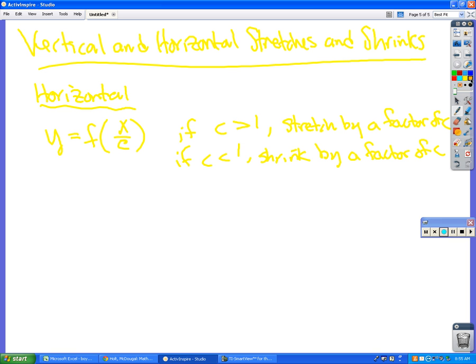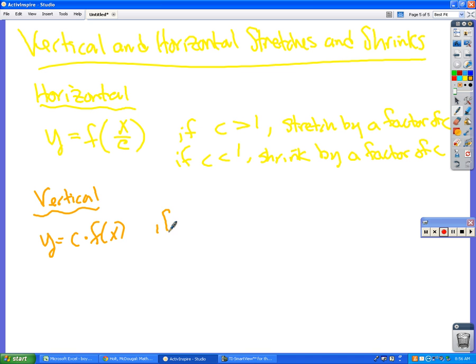And then if you want to go vertical, hopefully not surprisingly, you need to do that outside the parentheses. So you need to multiply the entire function by some number c.